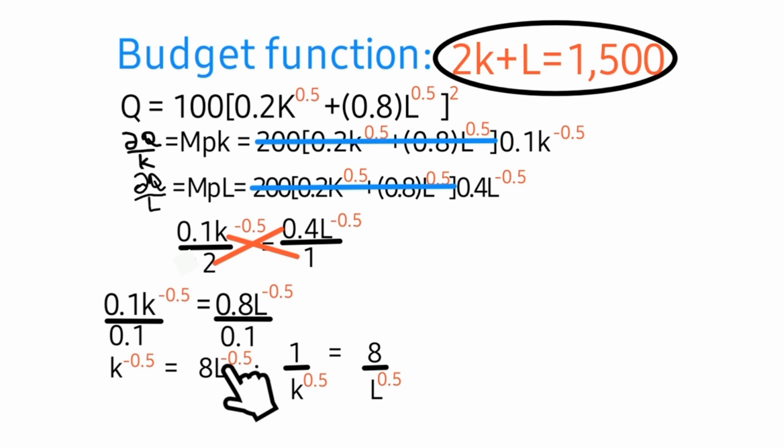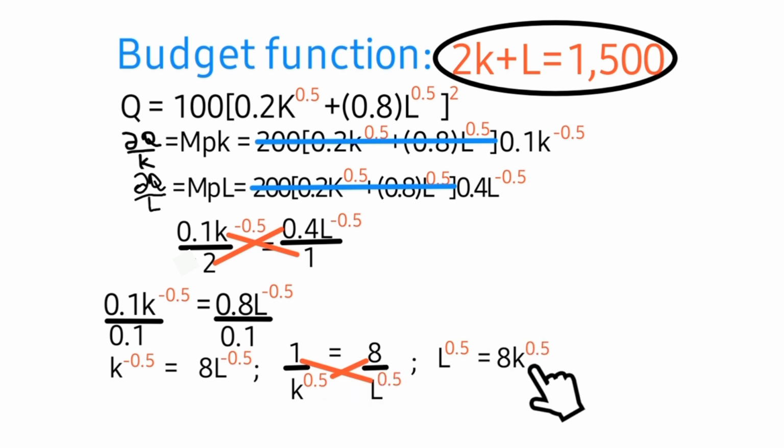Same goes with this. We have 8 over L raised to the power of minus 0.5, which goes down and becomes L raised to the power of 0.5. Now we'll cross multiply here. L raised to the power of 0.5 times 1 gives this value. 8 times K raised to the power of 0.5 gives this value here.